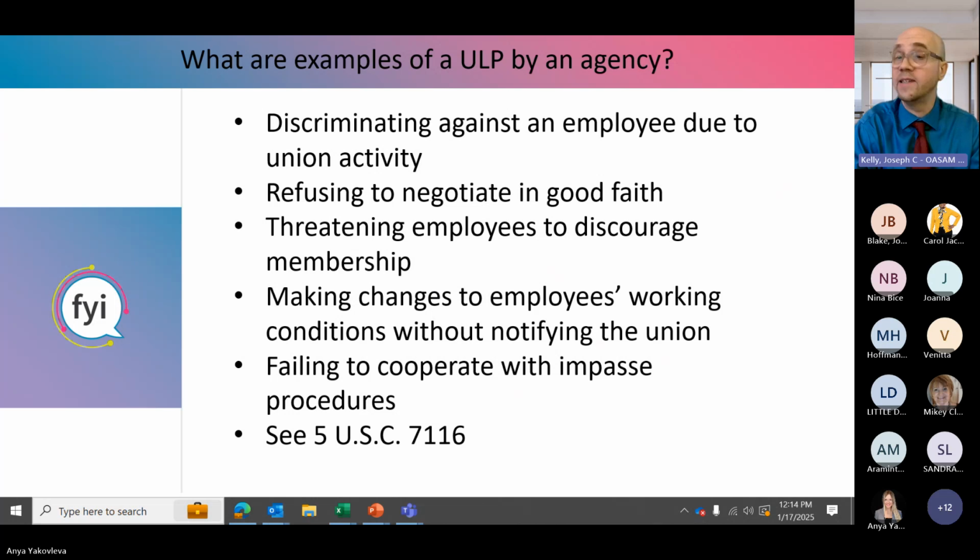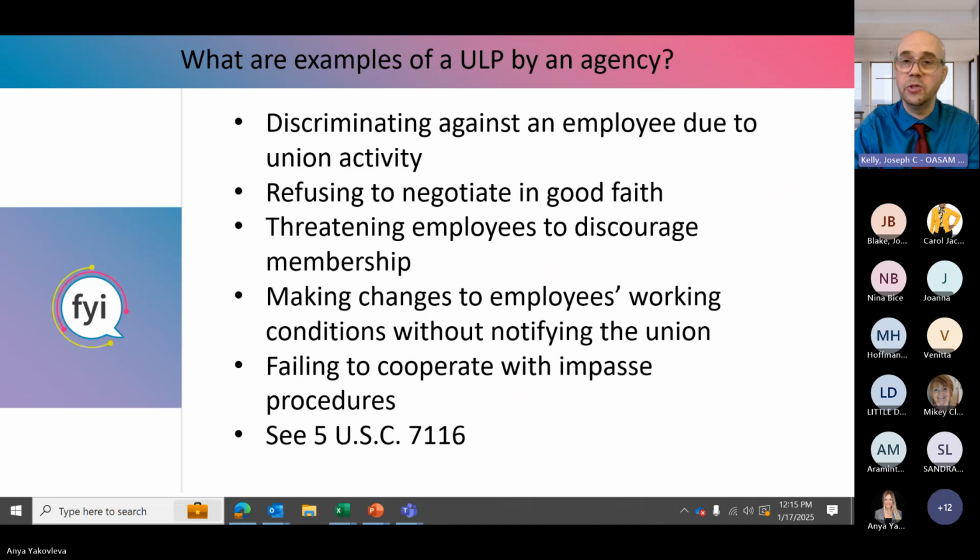I didn't list every single possible ULP the statute mentions, because for many of them the wording is awkward and they don't make a lot of sense without context and background knowledge of the area of law. I wanted to keep everything on an introductory level, so I wanted to give some examples of unfair labor practices that are provided in the statute.